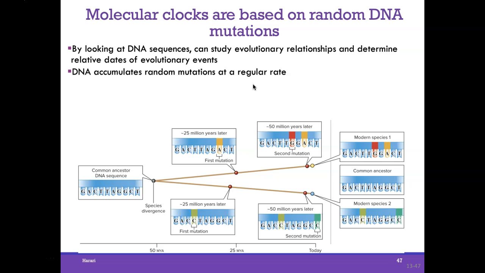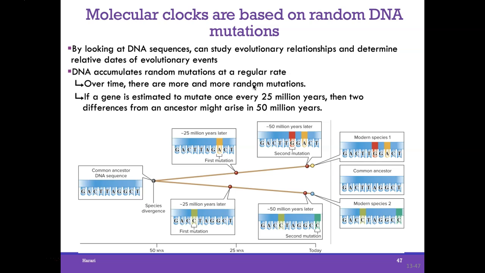So if there are 5% differences, that means our DNA sequences must have diverged from chimps roughly 5 million years ago. Again, this is an estimate. As another example, if a gene is estimated to mutate only once every 25 million years, and you only have two differences, then 50 million years must have passed.